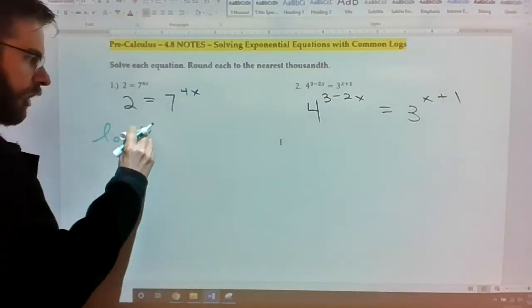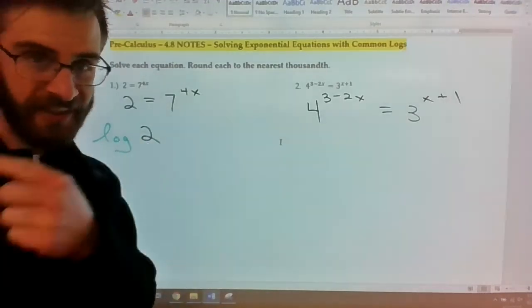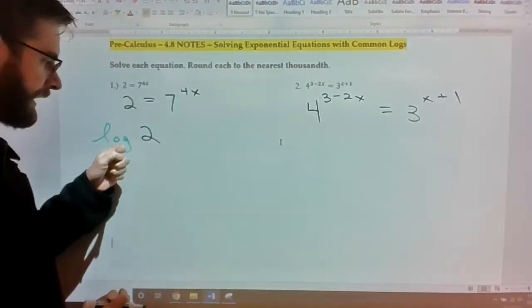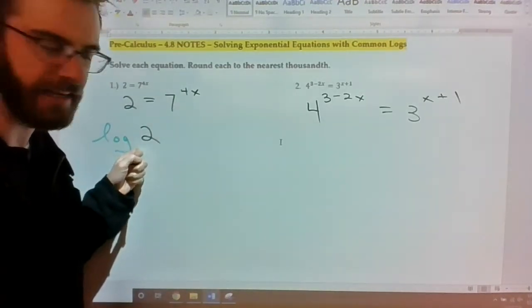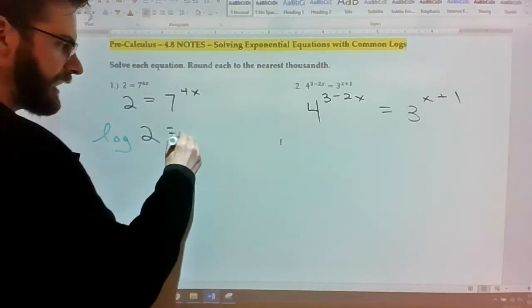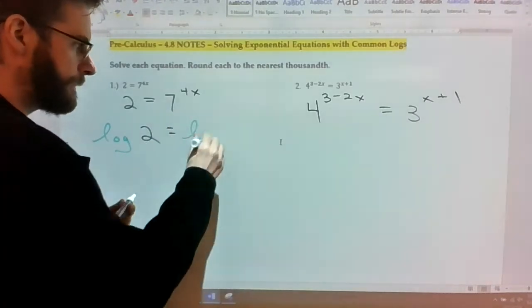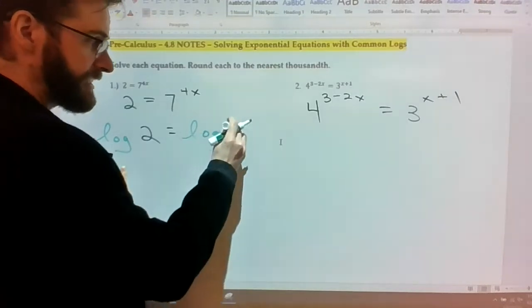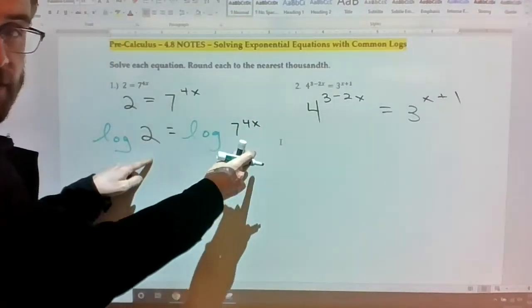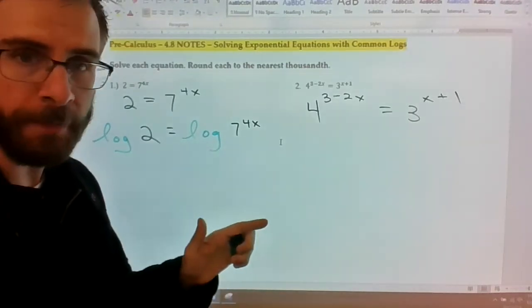If I take log base, and we'll just pick the one that's on the calculator so it's easy for us to work with these numbers, log base 10, so I don't even put the 10 down there, of 2. That's going to be the same thing as log base 10 of 7 to the 4x power, if those two statements equaled each other to begin with. The log, no matter what base, is going to equal.